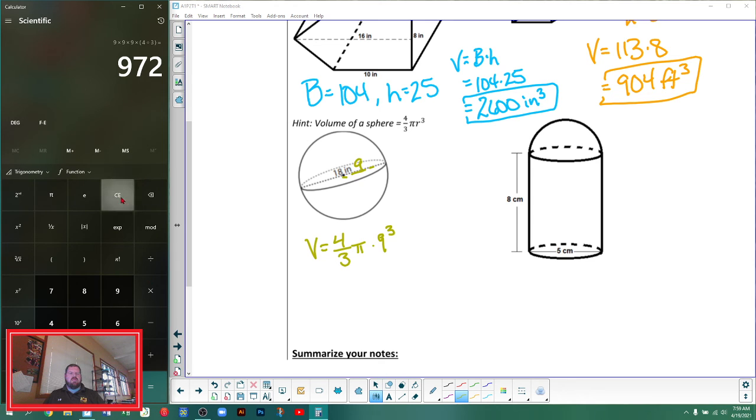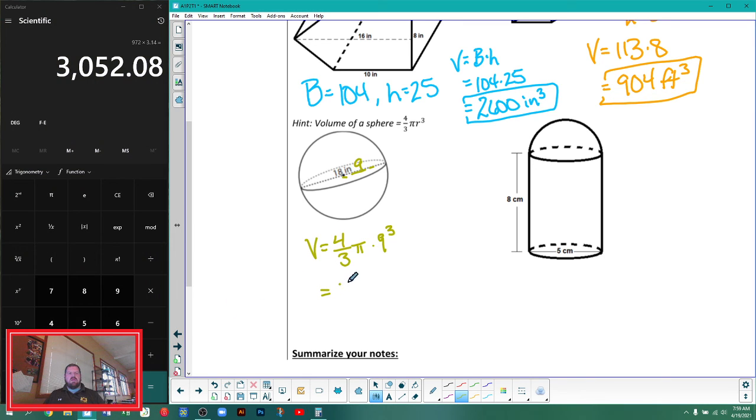Is that right? Something about that doesn't feel right. Let's do the 4/3 first, times 9, times 9, times 9. Yep, okay. And then we have to multiply it by pi. So we get 3052.08. And those are inches cubed.